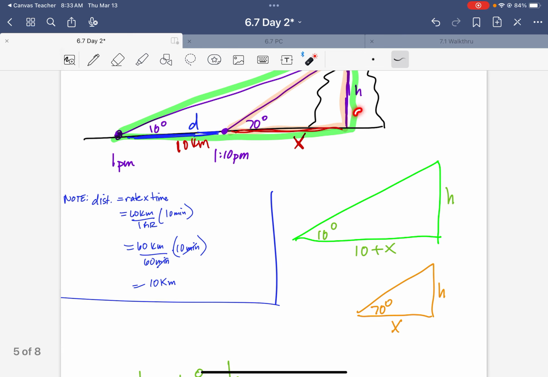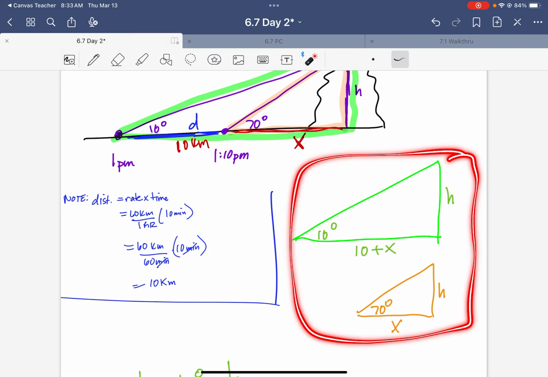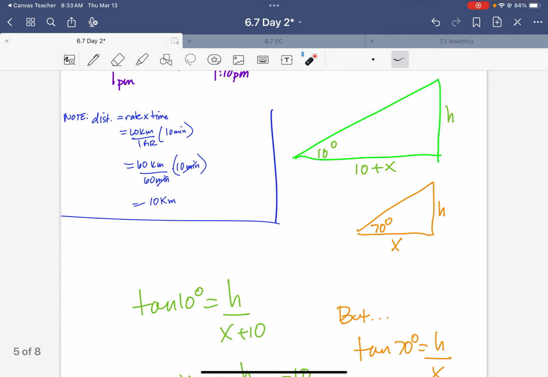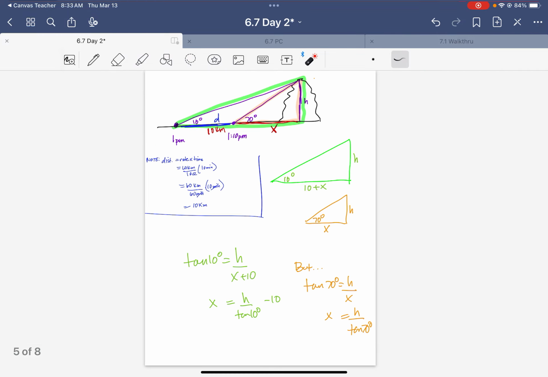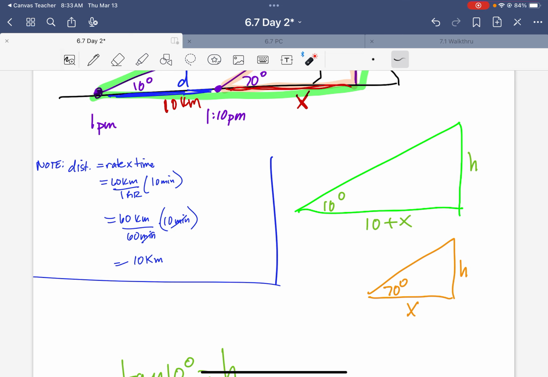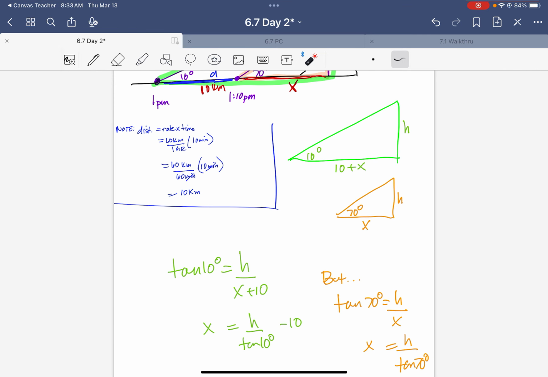So now, if I pull out my green and my orange triangles, they look like this. So there's my two triangles, and we're trying to solve for, let me go back and remember, we're trying to solve for how high that mountain is. Well, guess what? I've got an h here and an h here, so I'm going to make some trig functions, some trig ratios specifically.